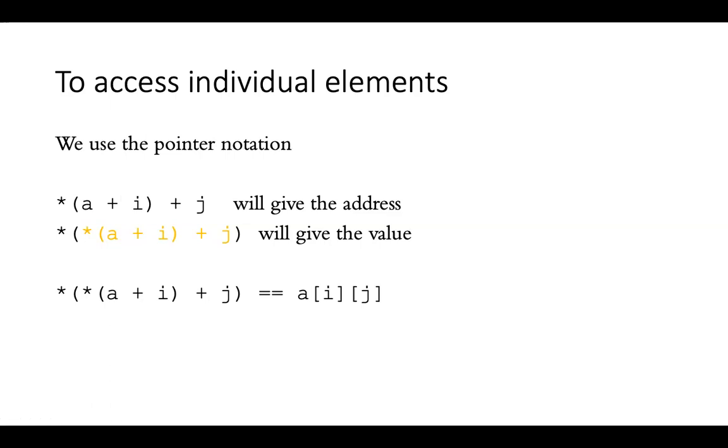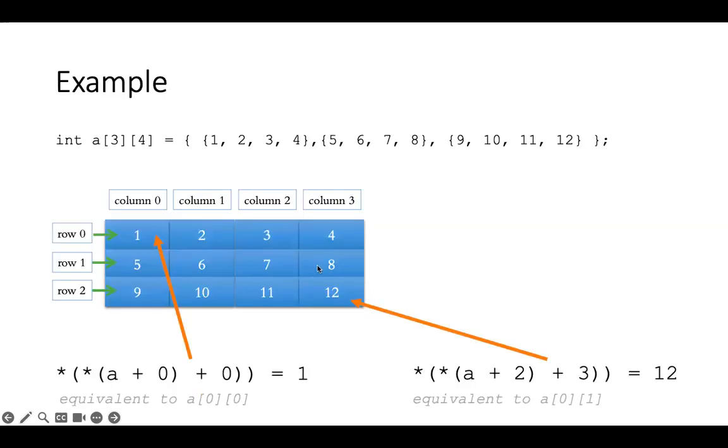Okay, so this expression is equivalent to A of I and J, which accesses the individual elements. So if we want to access the element in row 0 and column 0, we simply have to use this expression. Okay, and this is the only pattern. So you have the 0, which refers to the row number, and this one refers to the column number.